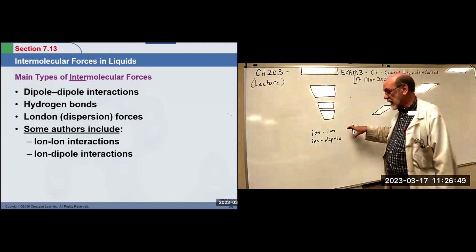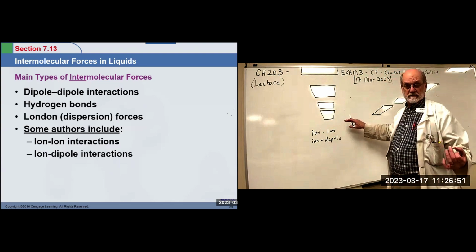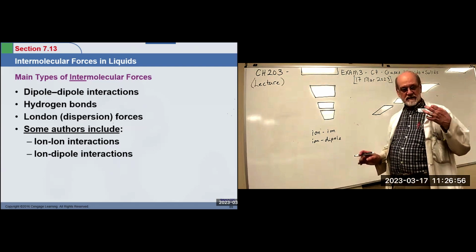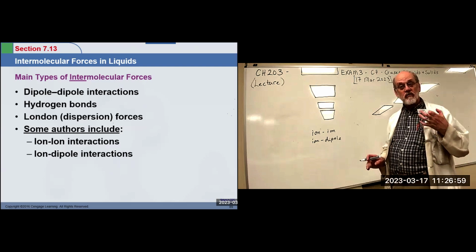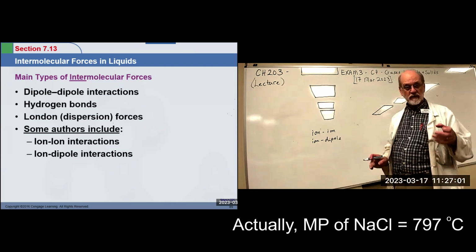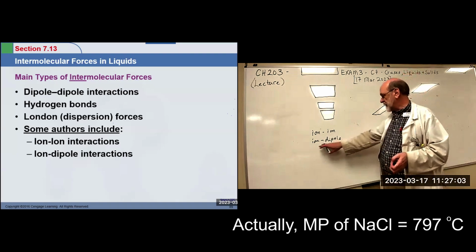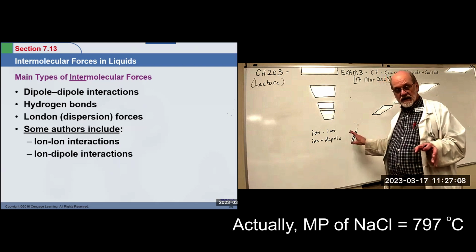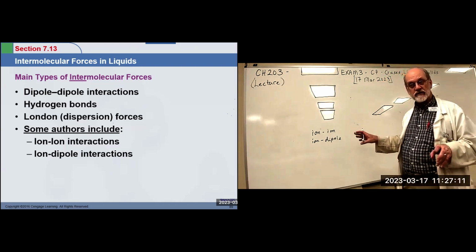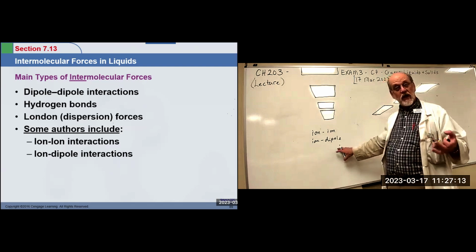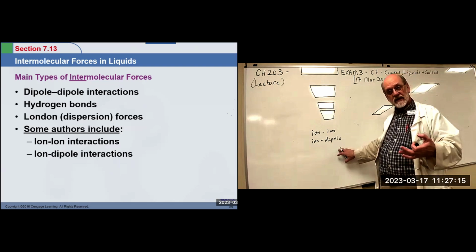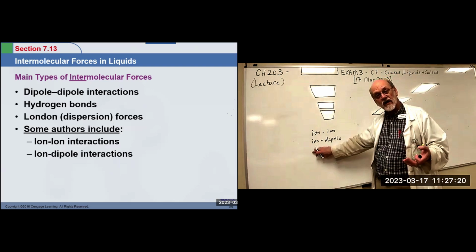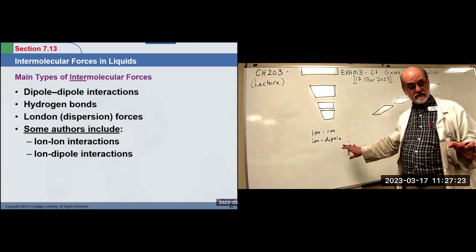An ion-ion interaction would be like solid sodium chloride. Right? We know that the bonds are strong because in order to melt sodium chloride, you've got to get it really, really hot, 1,000 degrees or more. But the ion dipole interactions can occur at much lower temperatures, and you can put that salt into solution, then you get the dipole of water interacting with the ions of the salt.